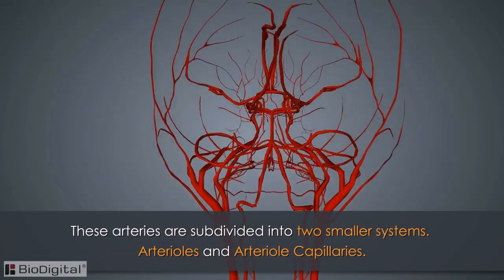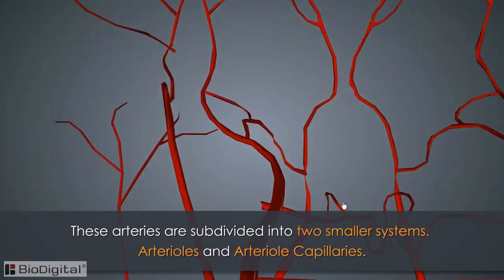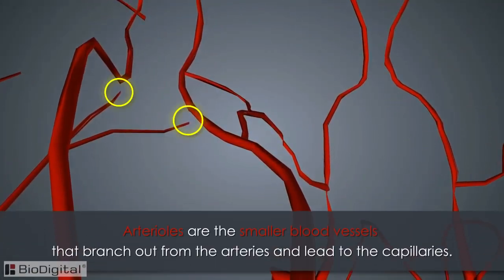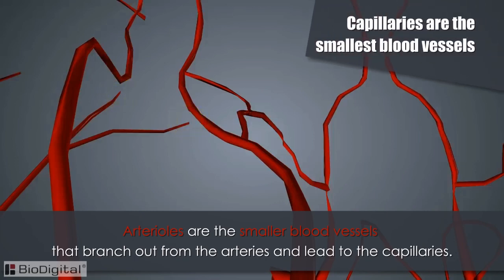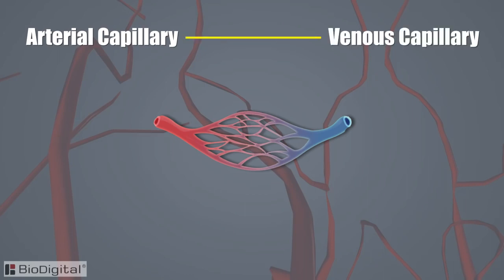Arteries are then further divided into arterioles and arterial capillaries. Arterioles are smaller blood vessels that branch out from larger arteries and lead to the arterial capillaries, which are the smallest blood vessels in the body. The arterial capillaries are connected to the venous capillaries.